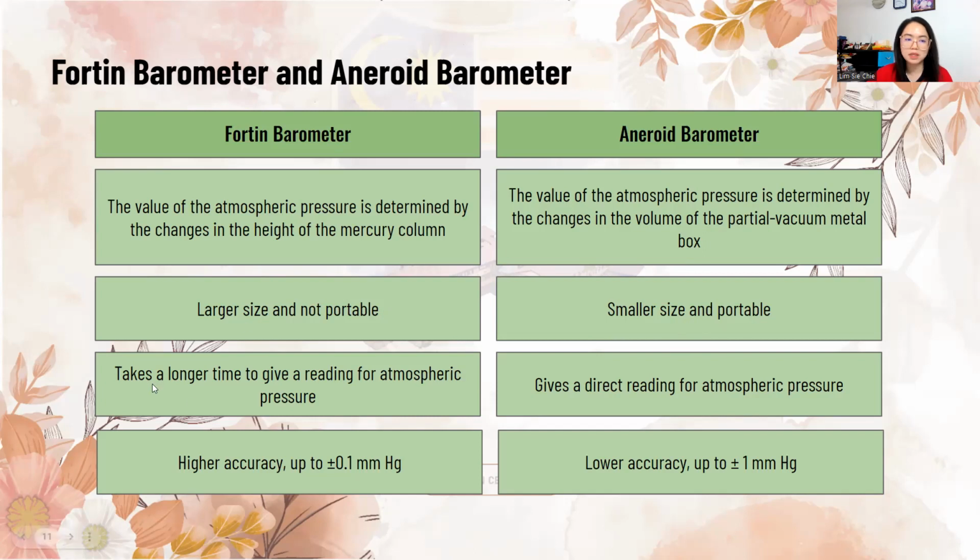The Fortin barometer takes a longer time to give a reading, but the Aneroid barometer gives a direct reading. The accuracy of the Fortin barometer is higher, up to 0.1 millimeter mercury, but the Aneroid barometer has lower accuracy, only up to plus minus 1 millimeter mercury.